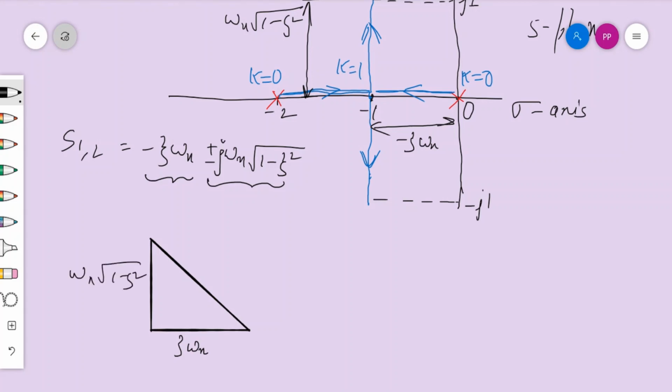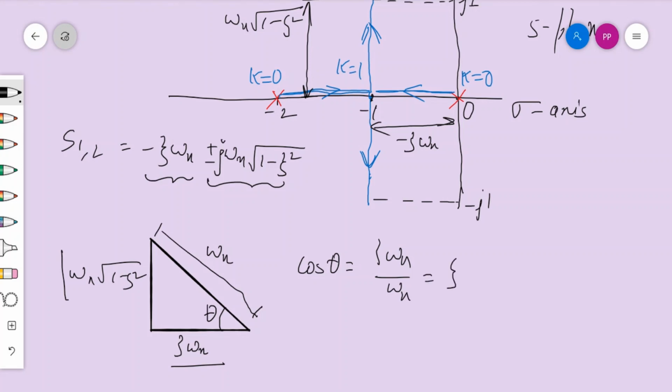What is the value of this hypotenuse? Take a pause, use the Pythagoras theorem, and you calculate it as omega n. This square plus this square, then square root will give you omega n. What is the value of this theta? Let us see it for cos theta. Cos theta equals xi omega n divided by omega n equals xi. So we can find theta equals cos inverse of xi.